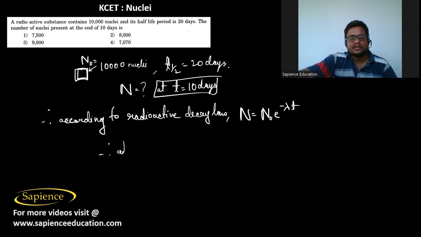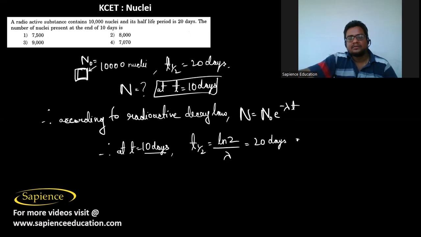Therefore, at t equals 10 days, we have to find how many nuclei will remain. So we know that the half-life is equal to ln2 by lambda, which is given as 20 days. So we can say lambda will be equal to ln2 by 20 per day.